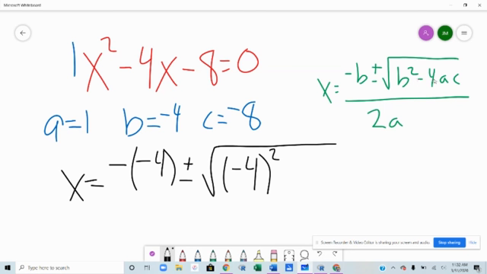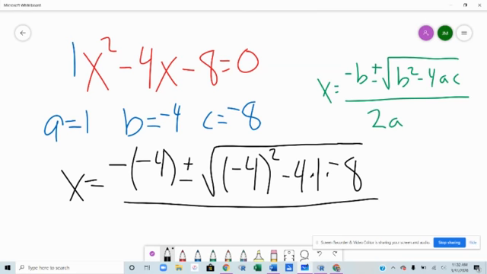And then minus 4 times a, which is 1, times c, which is negative 8. And then the whole thing gets divided by 2 times a, which is 1. So negative b plus or minus the square root of b squared minus 4 times a times c, all divided by 2 times a.